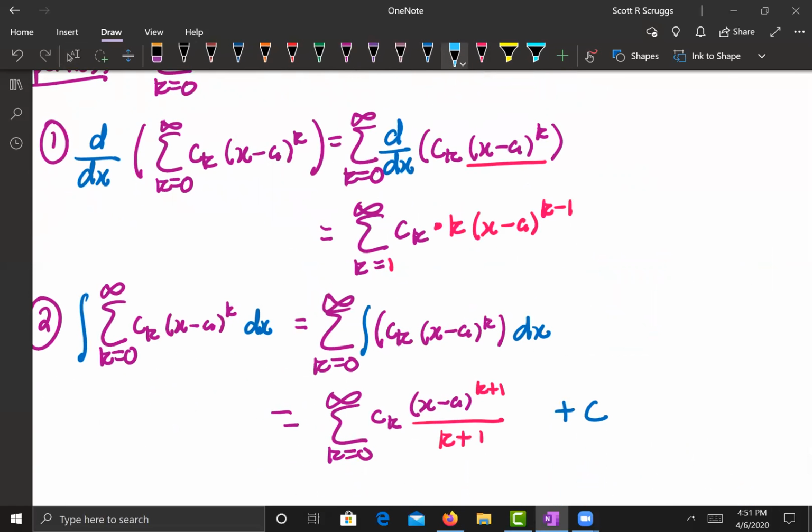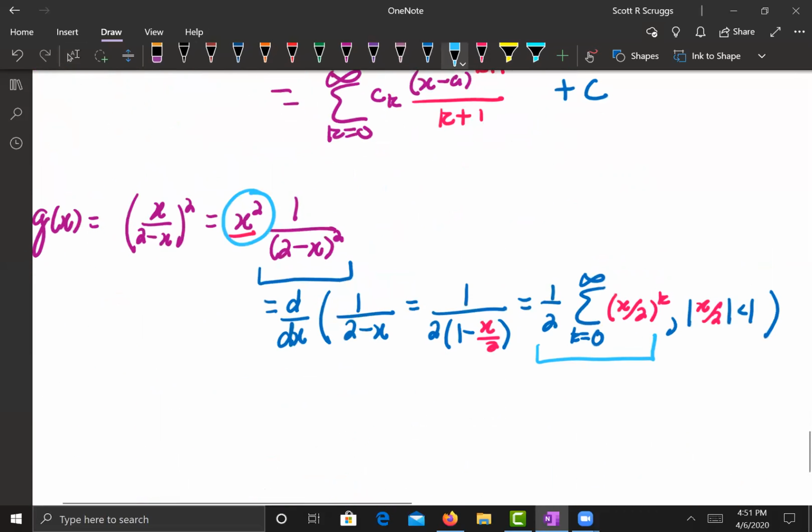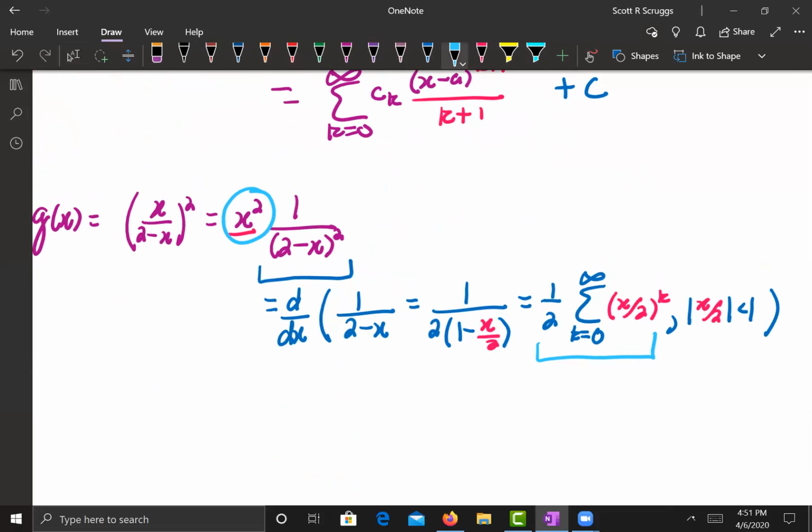Which means that I need to take the derivative of this, which means I'll take the derivative term by term. So I could rewrite this as 1/2 times the sum, k equals 0 to infinity, of d/dx of (x over 2) to the kth power.